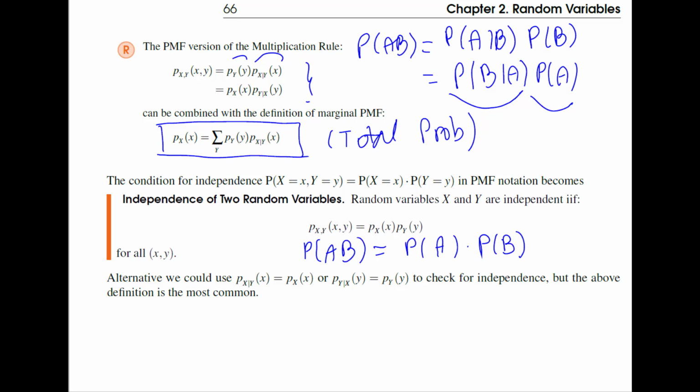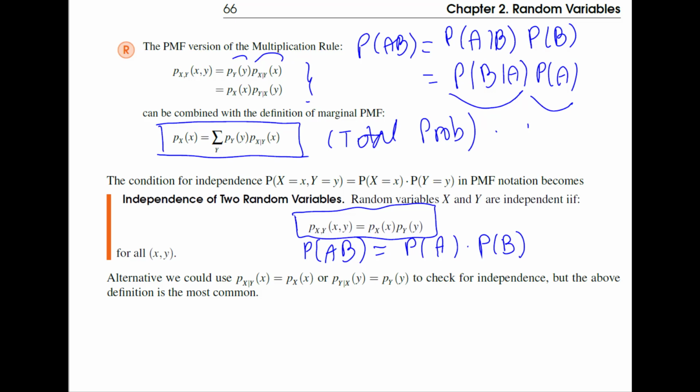And again, that comes from the multiplication rule, remember up here, because when they're independent, this guy right here is just P of B. All right, so the equation right here is the same, just with different notation. So good thing the concept's the same.